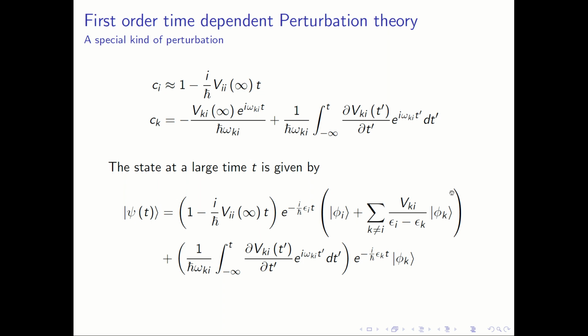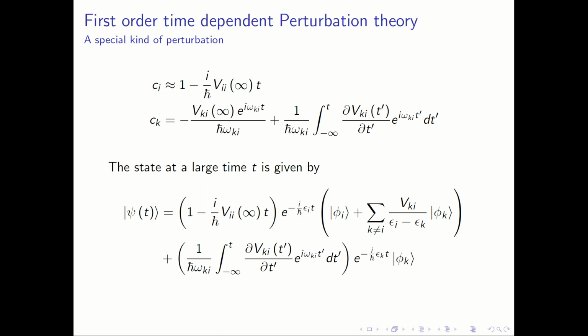This exactly was the result from time independent perturbation theory. Now, the prefactor here should also be pretty familiar. This is the unperturbed energy of the ith state. But what is this? We can actually replace this by e to the minus i by h cross V_ii infinity t. That might sound crazy, but remember we are again doing calculations only to first order.